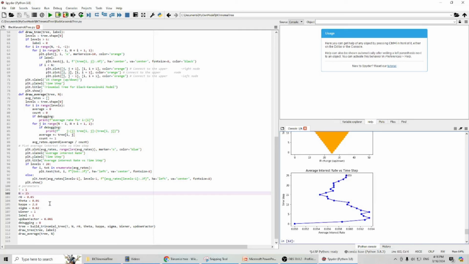So if you have better idea to put those theta or kappa or sigma as a time-dependent variable, you can also provide your code or your idea in the comment area or in my GitHub.